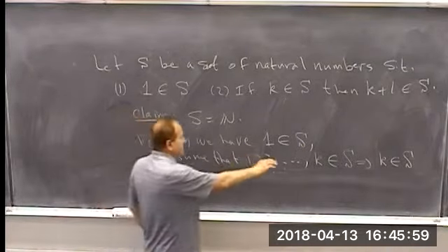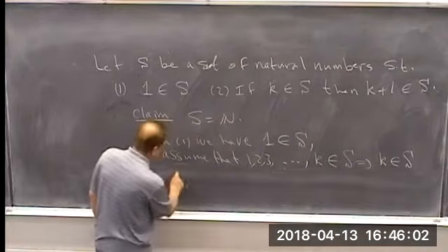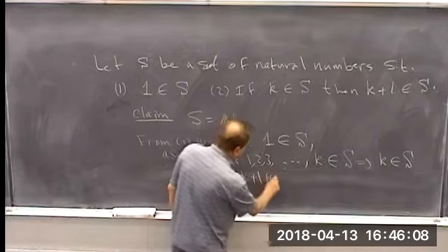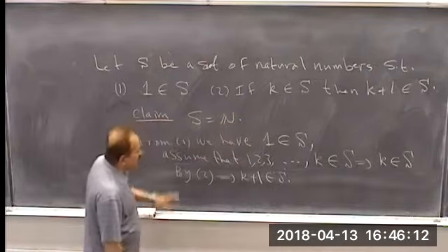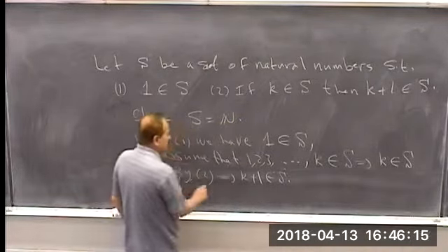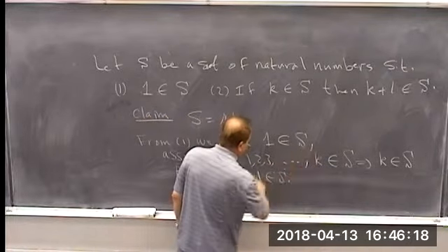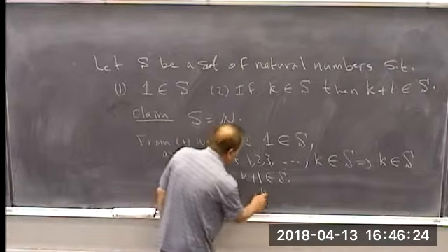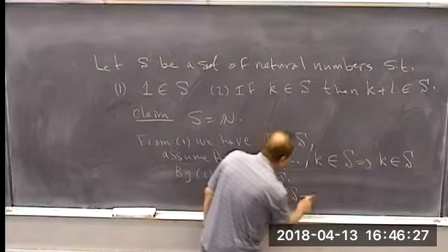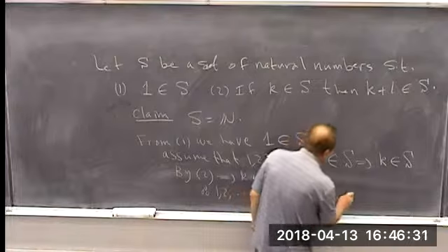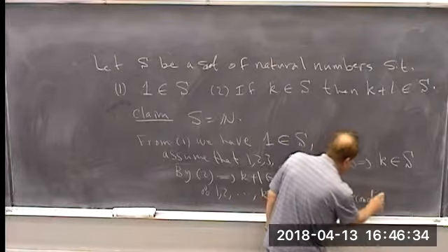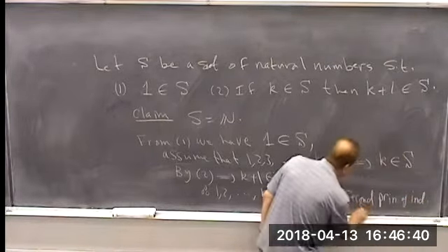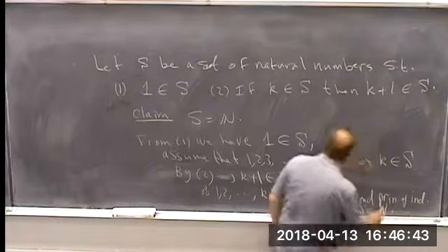So this implies K is in S, and by 2 implies K plus 1 is in S. Now we have together, therefore, because we are assuming 1, 2, 3 up to K, and then we show that K plus 1 is in S, this implies 1, 2, and so on up to K plus 1 is in S, and this implies by the second principle of induction that S is equal to N. And that's really the claim we need to show here.